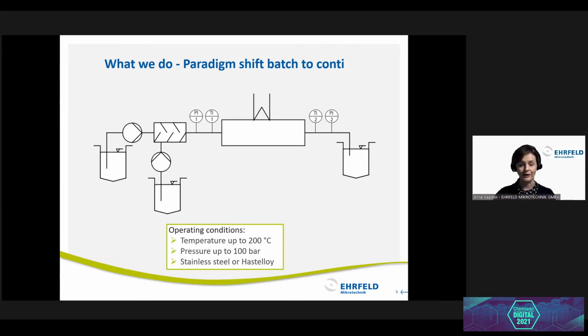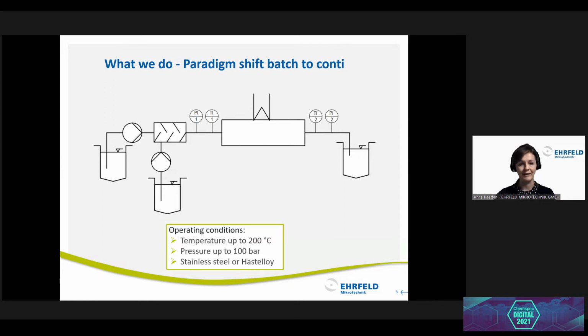First of all, our reactors normally have operating conditions with temperatures up to 200 degrees, pressures up to 100 bar, and we use stainless steel or alloy because they are really good at transferring heat, either heating up or also cooling down. Of course, there might be some corrosion problems here, so on top of stainless steel, we also offer the alloy version.